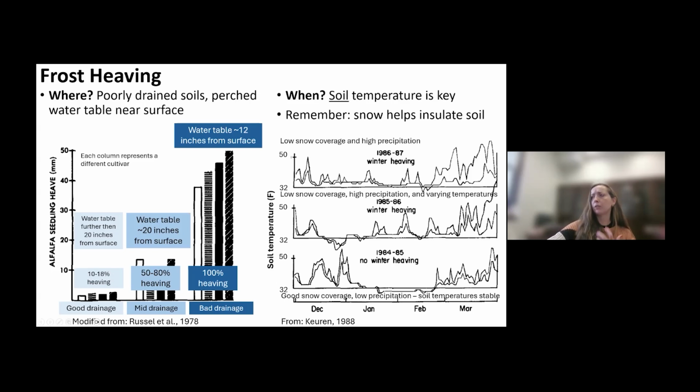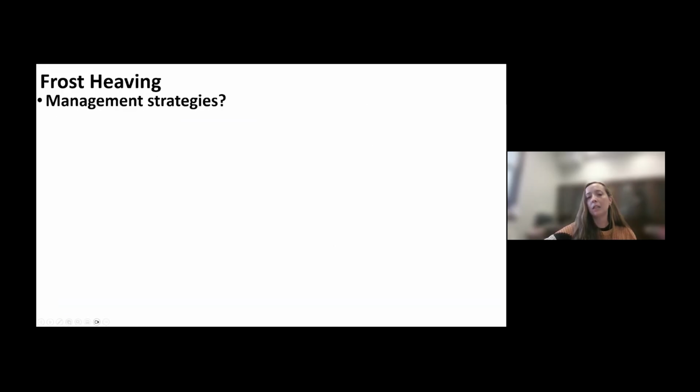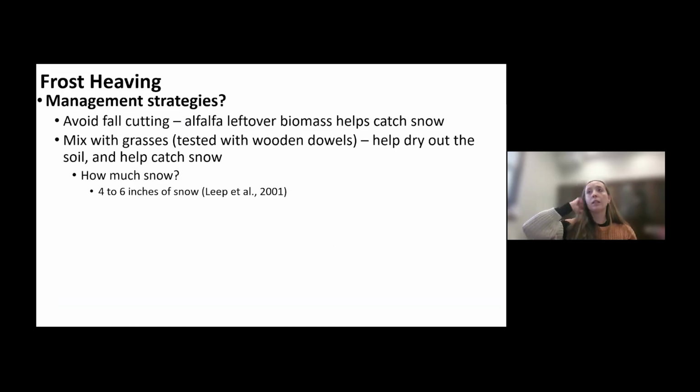In years that there was little or no winter heaving, there was a lot of good snow coverage, so the temperature in the soil was very stable, and low precipitation. So when temperatures are varying a lot, when there's a lot of precipitation and lack of snow cover, we might see more soil frost heaving. So what can we do to manage that, to avoid that from happening?